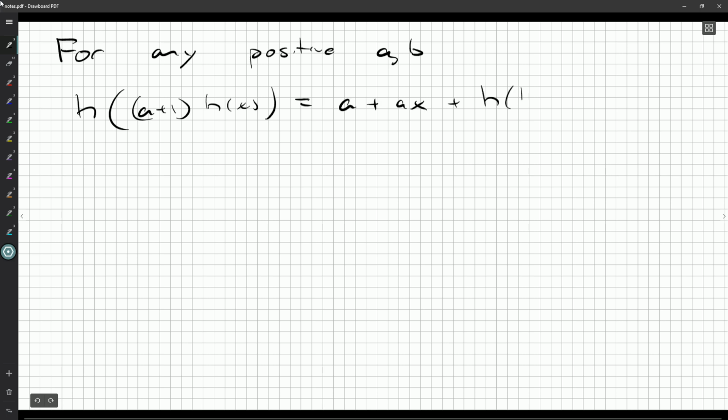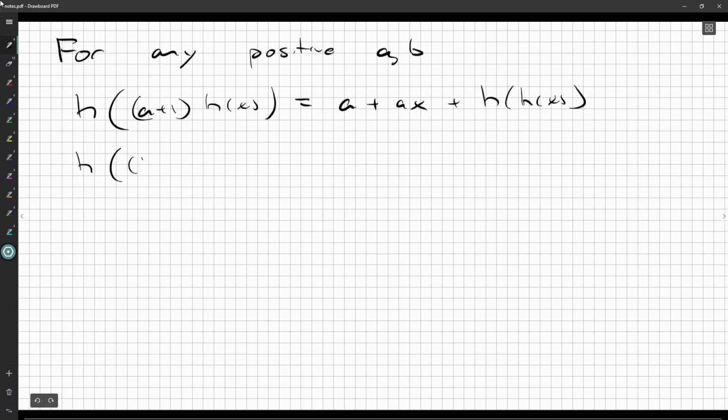for any, let's say, positive integers a and b, we can see we've got h of a plus 1 h of x, whatever the heck h of x is. It's sort of like h of x is turning into a nice constant. Maybe we'll call it capital X or y or something. But that's a plus a of x plus h of x.